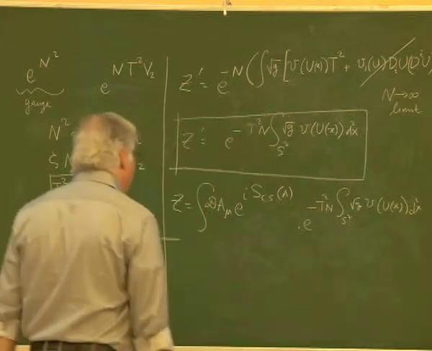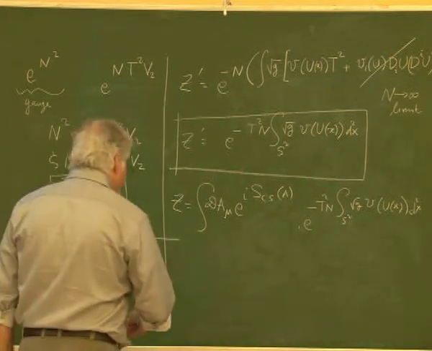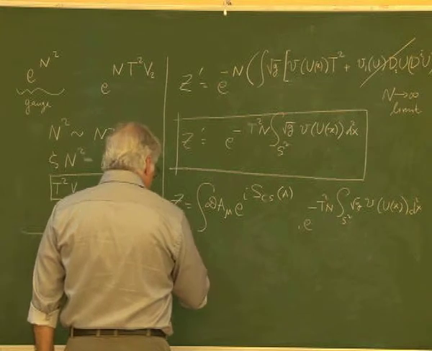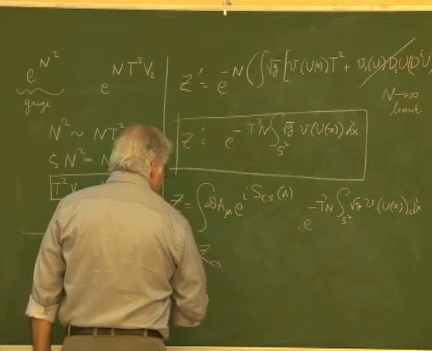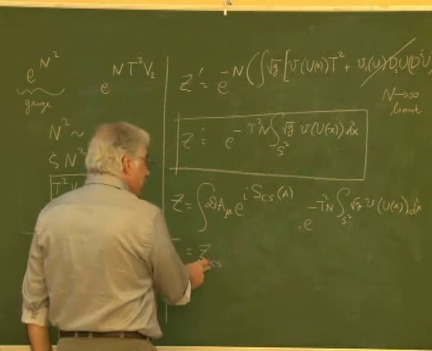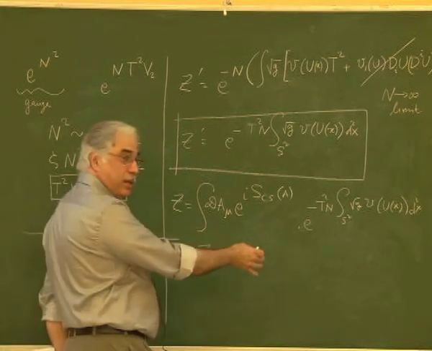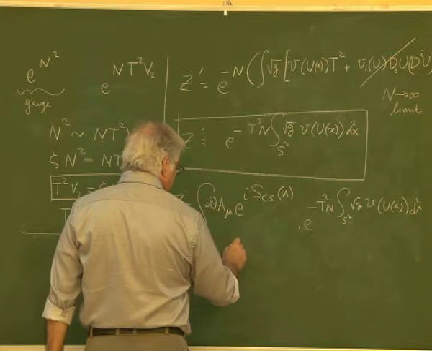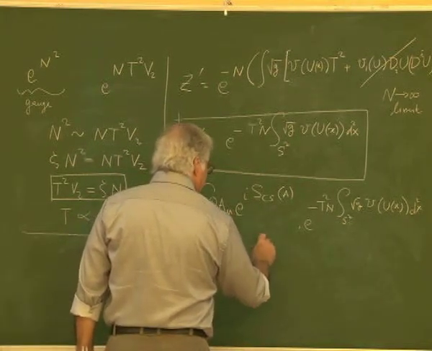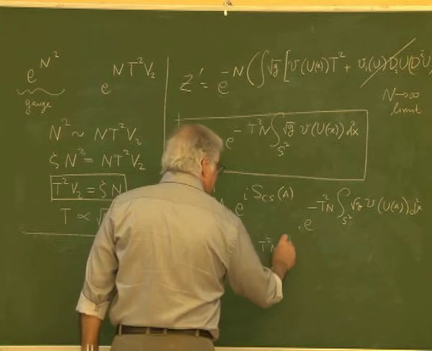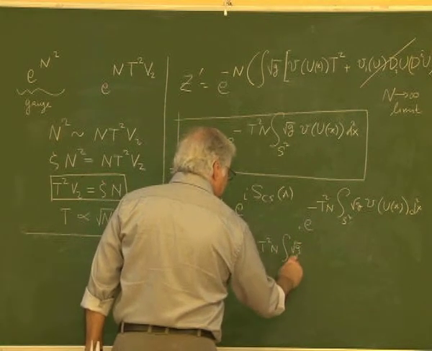All right. Now, very nice. So what I can do is, this obviously is the partition function of the pure Chern-Simons theory. I multiply and divide, okay. So then this just becomes the expectation value of e to the minus T squared N of this animal. Sorry, it's not an animal.